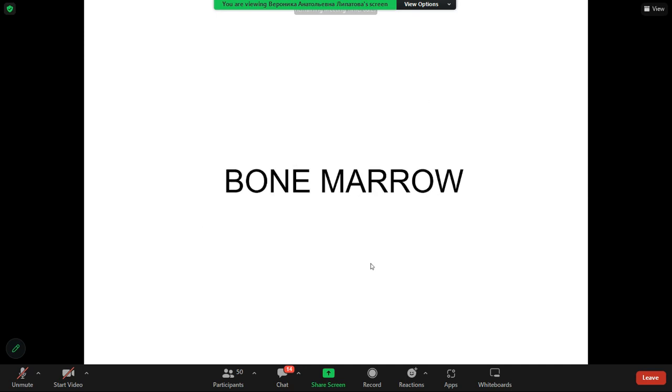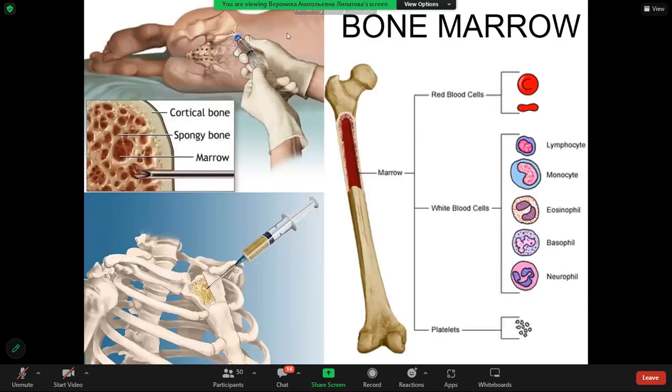Bone marrow. Bone marrow is situated in spongy part of bone in the cells, and there are different places for taking it out, for example, iliac crest and sternum.